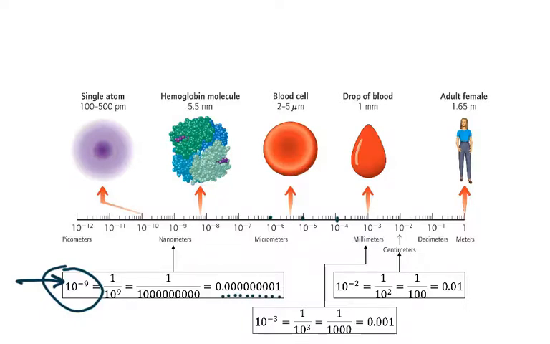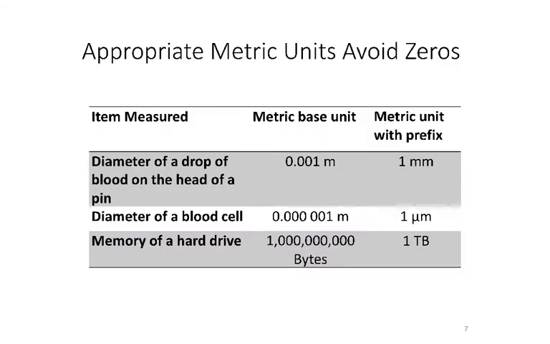Here's another example. So let's look at the appropriate metric units to avoid all these zeros, big and small, right? The first is the diameter of a drop of blood on the head of a pin. If we're just in the base unit of meters, it's 0.001 meters. But to avoid all those zeros, it's 1 millimeter, right?